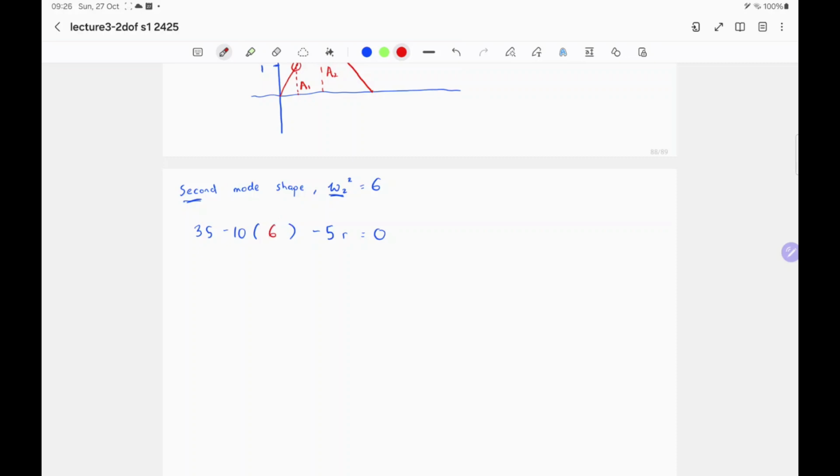So 35 minus 10 multiplied by 6, minus 5r, is equal to 0. Solving this, negative 25 is equal to 5r, so r is equal to negative 5.